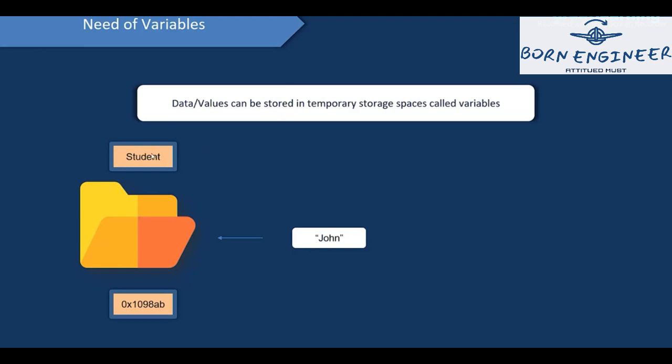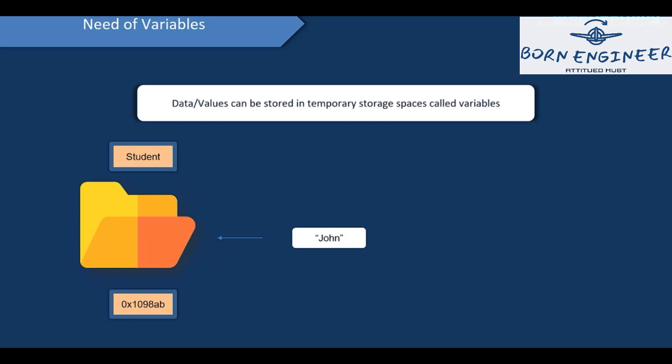So over here, the name of the variable is student and the address of the variable is 0x1098ab. So if you want to recall this value, which is actually John, you would have to call the name of the variable, which is student. So simply put, if you want to store your data somewhere, that is where variables come in. So you take the value and you store it in a temporary storage space, which is called a variable.